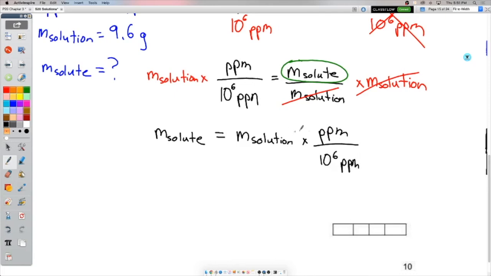If you like, you can put this as part of the fraction, or you can keep it like that. It's up to you. This is being multiplied by this divided by this. If you want to say this is being multiplied by this and then divided by this, that's actually the same thing.